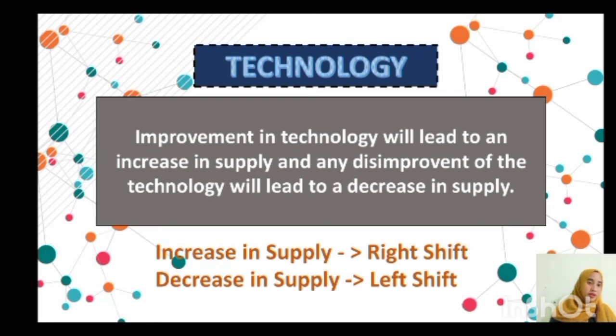If there is an increase in supply, there will be a right shift, no? Right shift, so our supply curve moves up. But if there is a decrease in supply, there will be a left shift. The arrow of our supply curve goes down, or left shift.